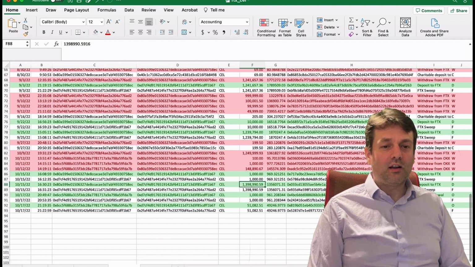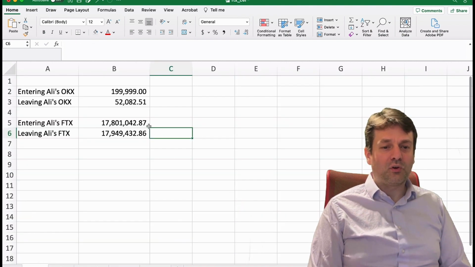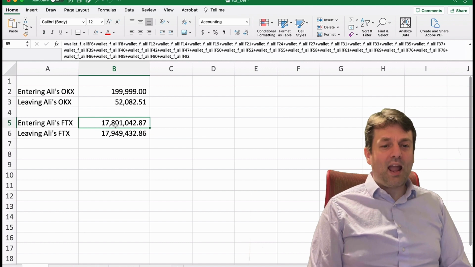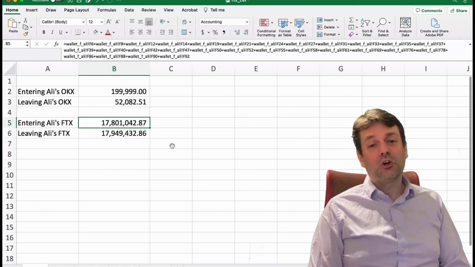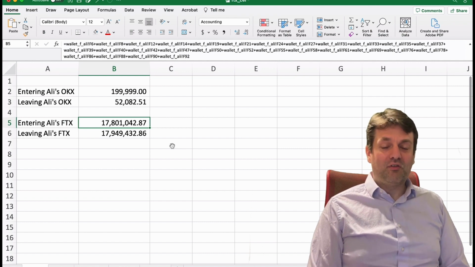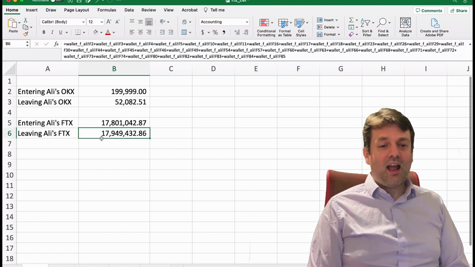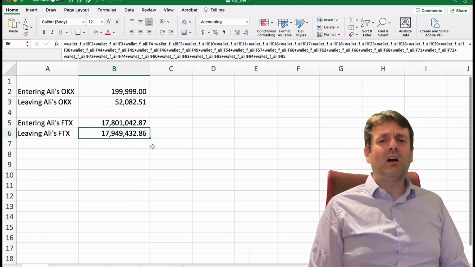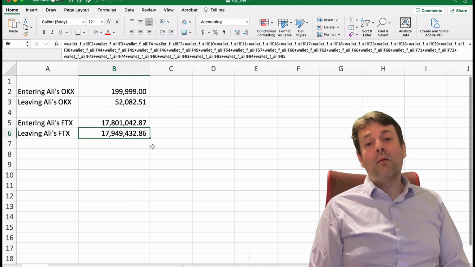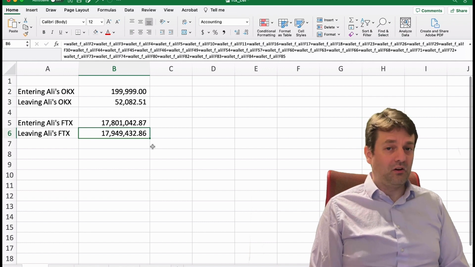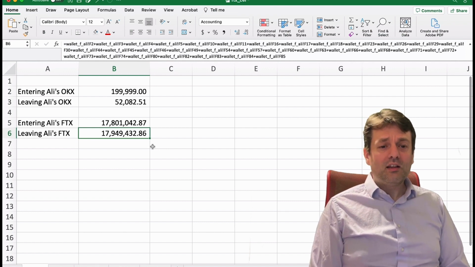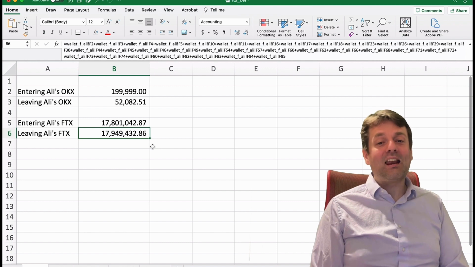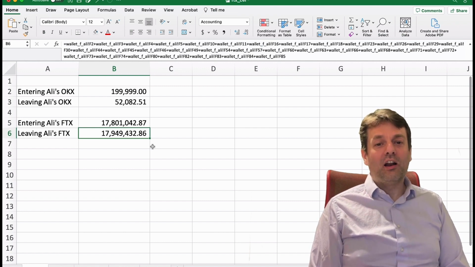And if we look at an analysis of these transfers, 17.8 million Cell tokens appeared to enter Ali's FTX deposit address, and 17.9 million exited. So he also had an additional about 1.4 million stuck, it appears. So it seems like he was net adding to his total position and was trapped on FTX.